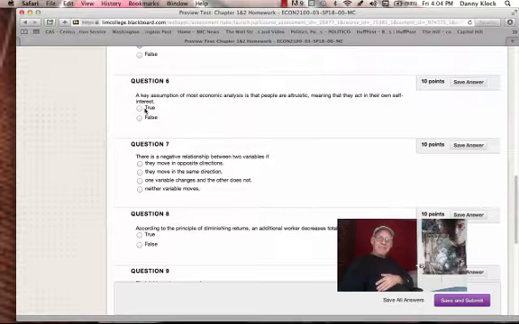But anyway, question 6, a key assumption of most economic analysis is that people are altruistic, meaning that they act in their own self-interest. Now, if you're altruistic, you're thinking about other people, so it is false here.